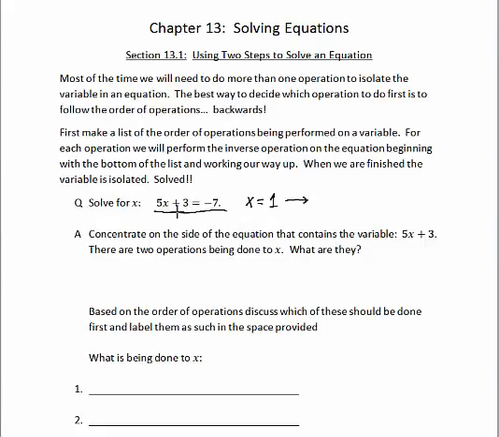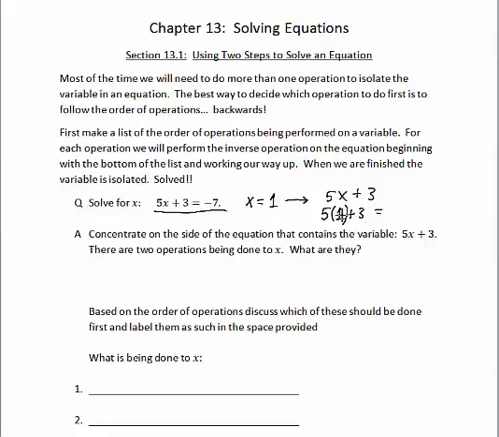And so we would take 5x plus 3 and plug in 1 for x, and so we'd write 5 times 1 plus 3. Oh, I put my parentheses in the wrong spot. Parentheses should go around the 1.